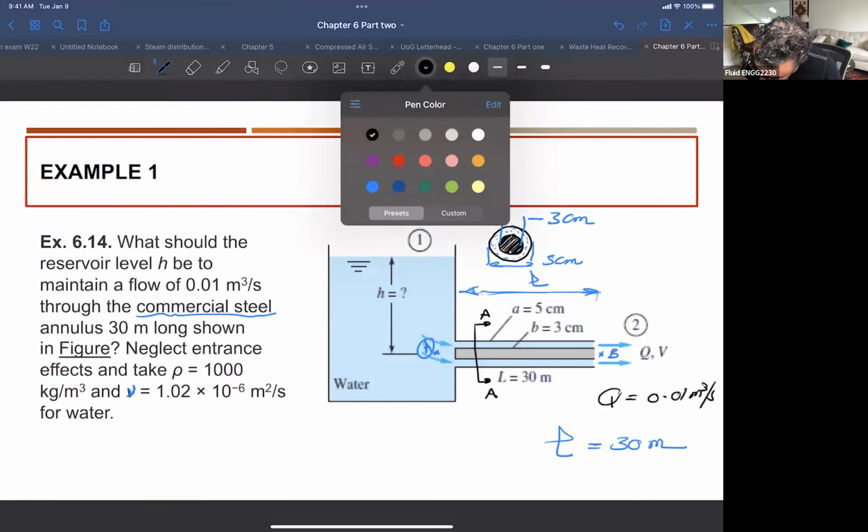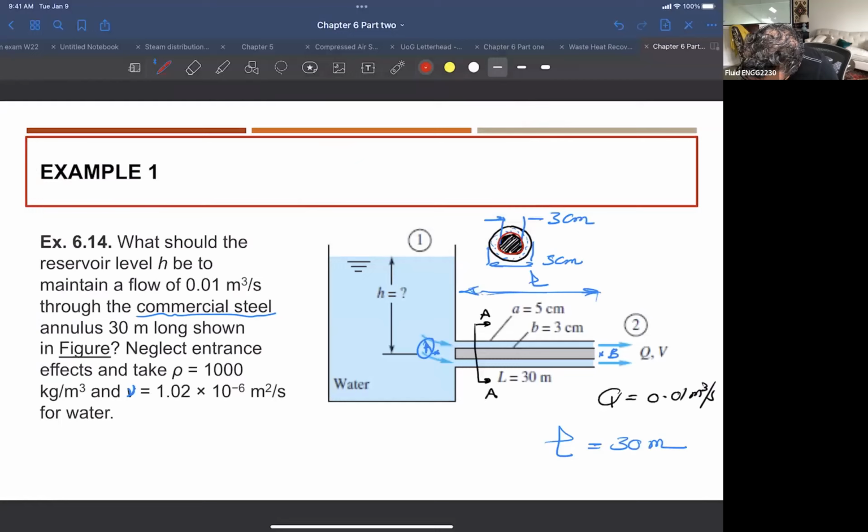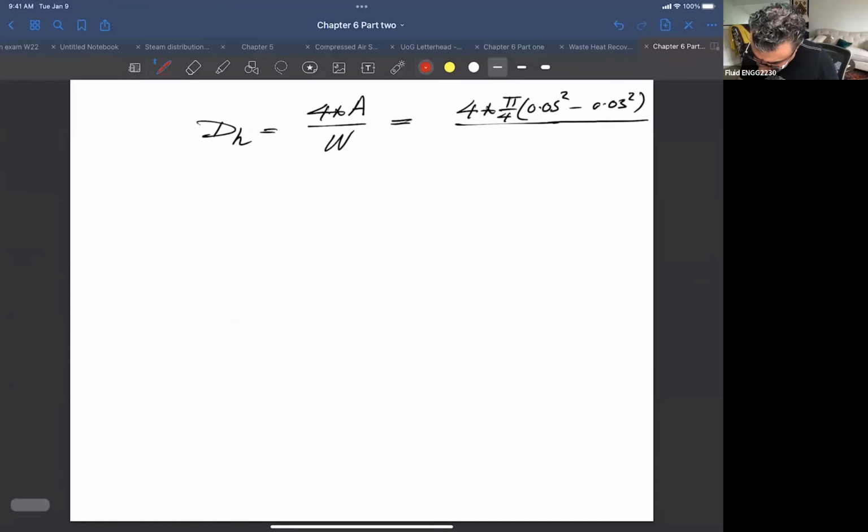The first line is this one, and the second line is that much. So the wetted perimeter is 2 pi times R, which is 0.025 for the big one, plus 2 pi times 0.015. So you calculate this hydraulic diameter, and I think I calculated the hydraulic diameter as 0.04.